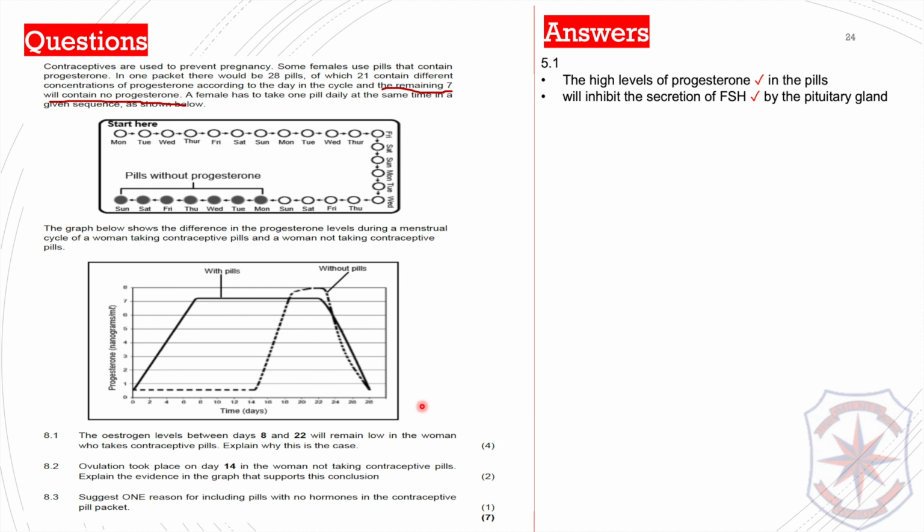Okay, let's look at the questions. The estrogen levels between day 8 to 22 will remain low in the woman who takes contraceptive pills. Explain why this is the case. The estrogen levels, not progesterone, guys.